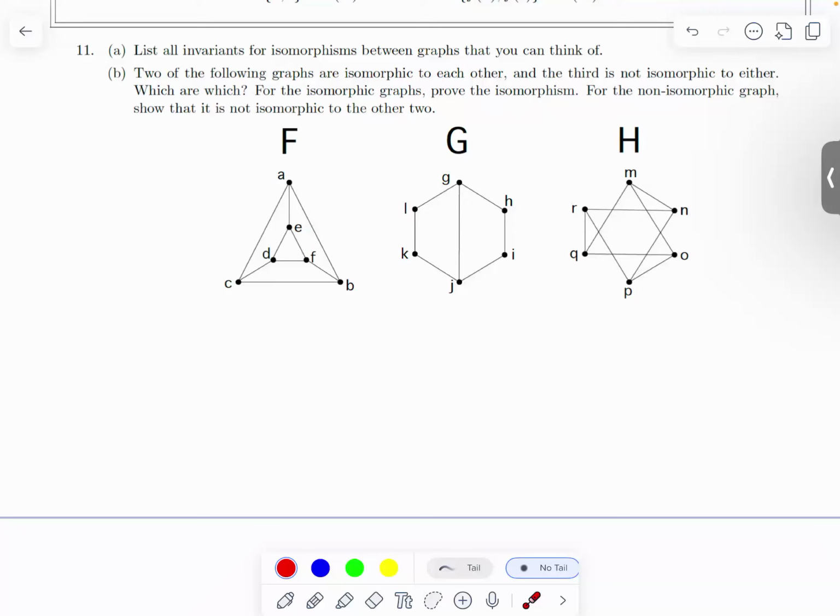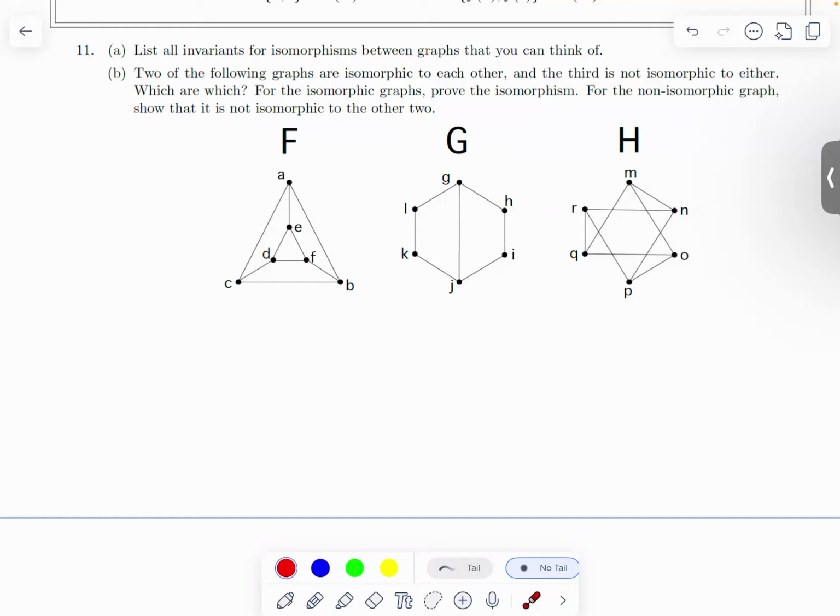So isomorphism functions, we want to know which two graphs are isomorphic. To reject the isomorphism, the structure can be shown in the degrees of the vertices.